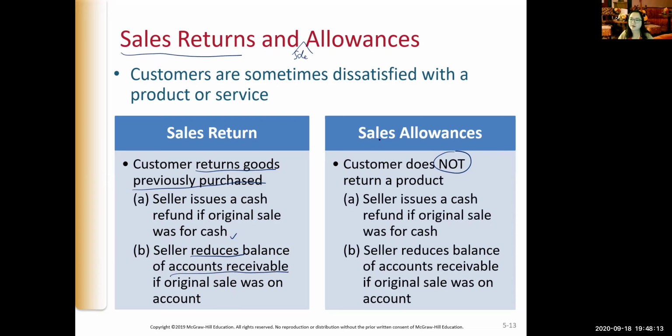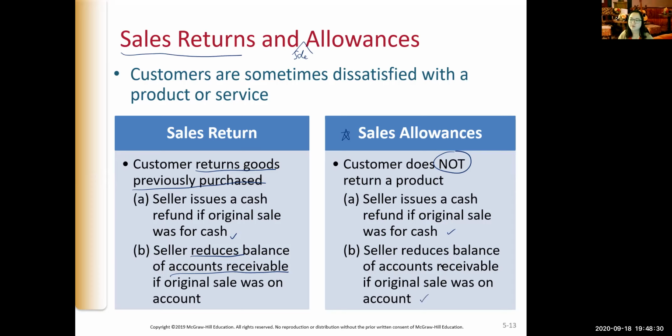Okay, if you are doing sales allowances, that means that the seller will issue a cash refund if the original sale was for cash. Same thing, everything's the same. And sellers can also reduce the balance of accounts receivable if the original sale was on account.